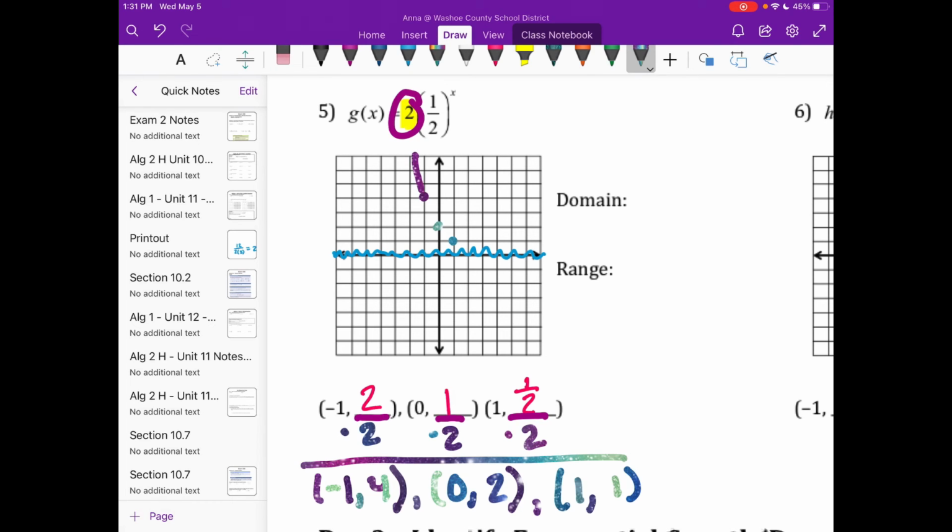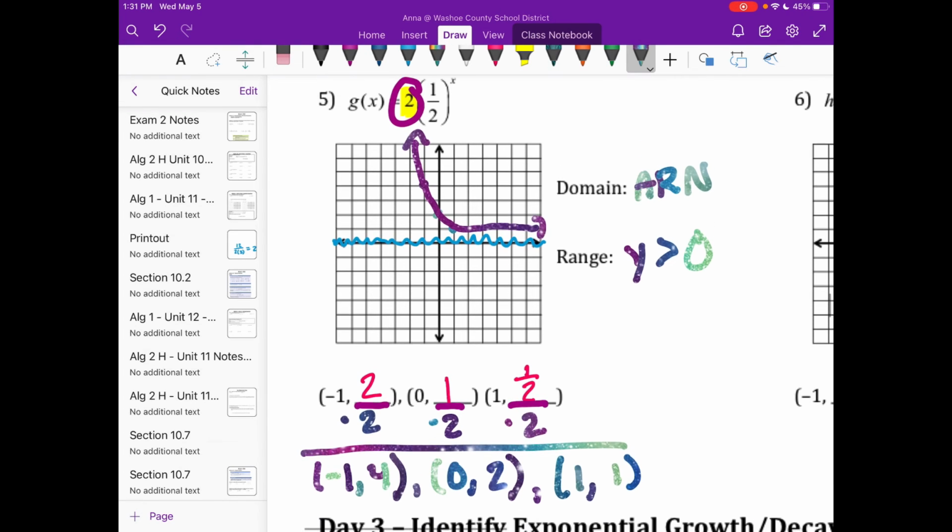And 1, 1 is right there. And that's a steep one. I know we've been doing a couple flat ones, but that's a steep one. Excellent. Domain, all real numbers. The y's are on top, so they're going to be greater than. So y is greater than, and then they're above the x-axis, so it would just be 0 for that y.